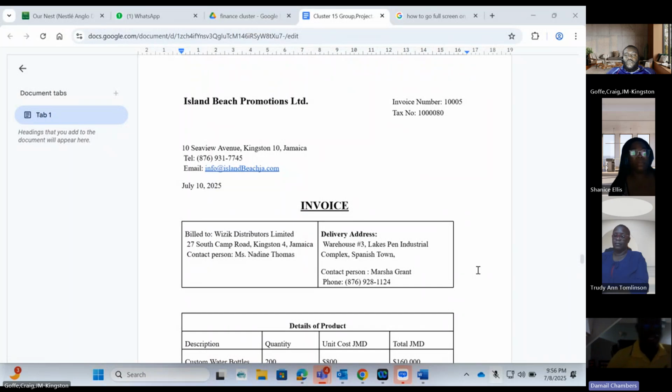Another advantage is it facilitates accurate revenue recognition. It is crucial for recognizing revenue in the correct accounting period, aligning with the revenue recognition principle. Two disadvantages: risk of errors and omissions. Invoices can contain mistakes such as incorrect quantities.